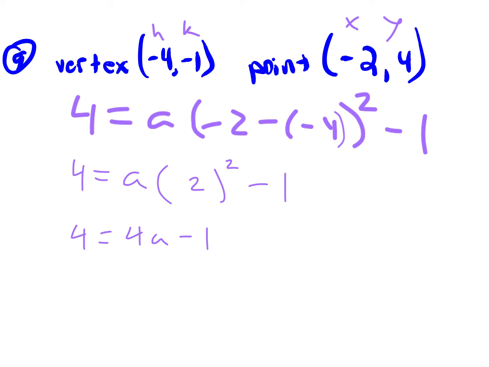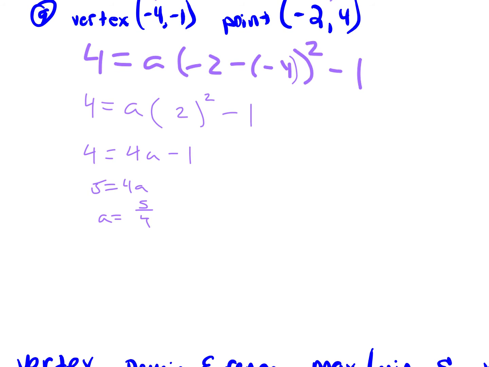What should I do next? Add 1, so 5 is equal to 4a. What's next? Divide by 4. So what's a equal to? 5 over 4.